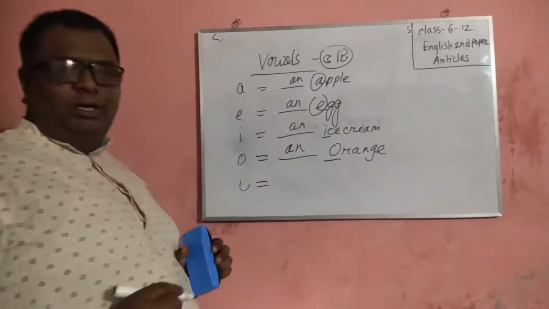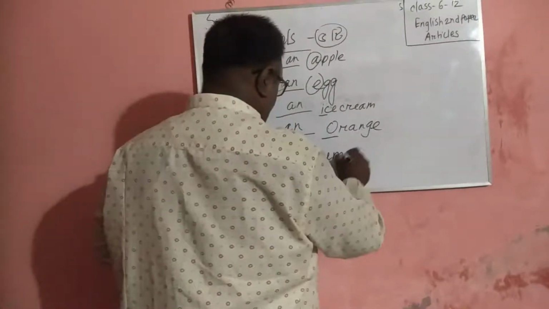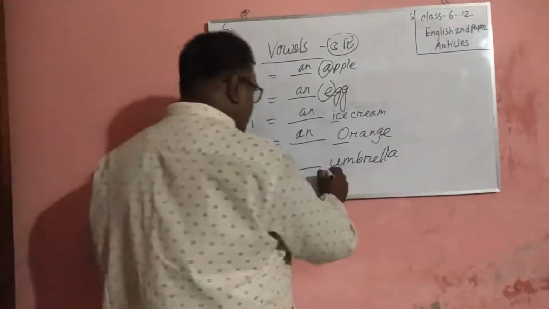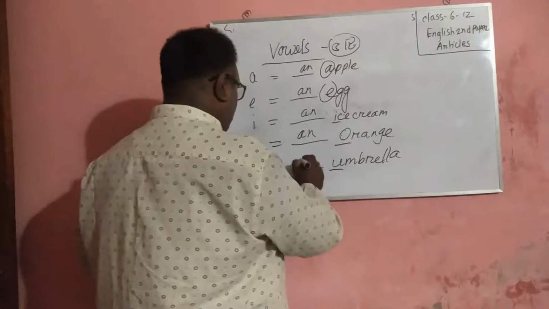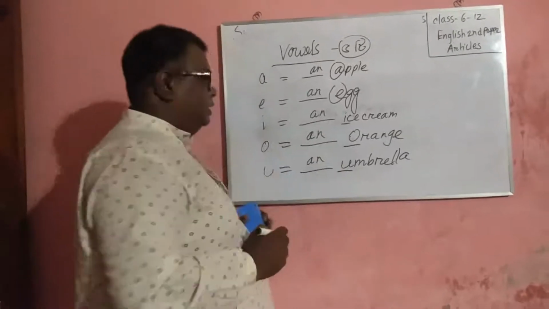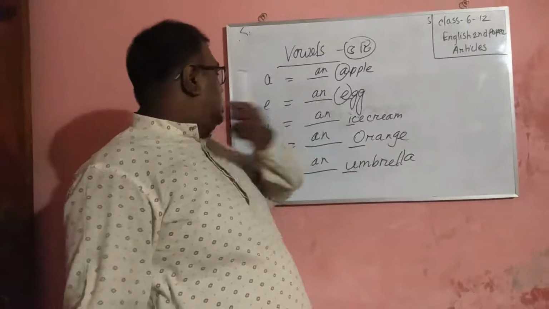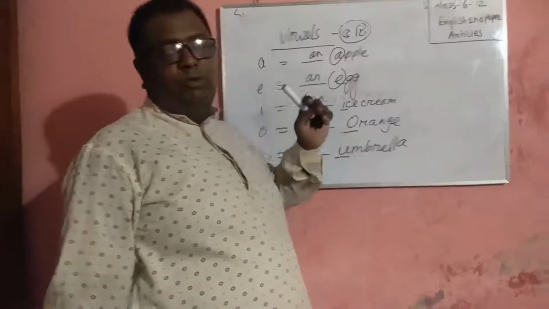And the last letter is U, umbrella. So this word also starts with U, so here we also use AN. So we use AN for any word which starts with a vowel.